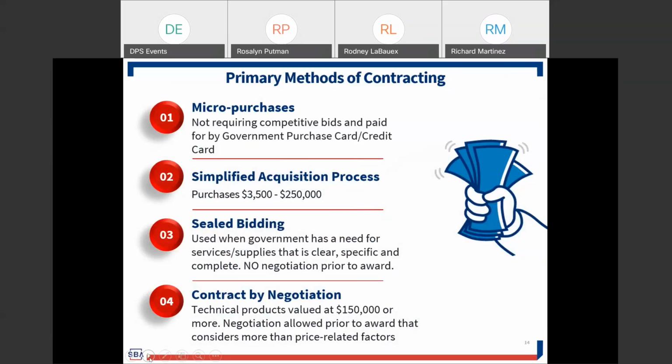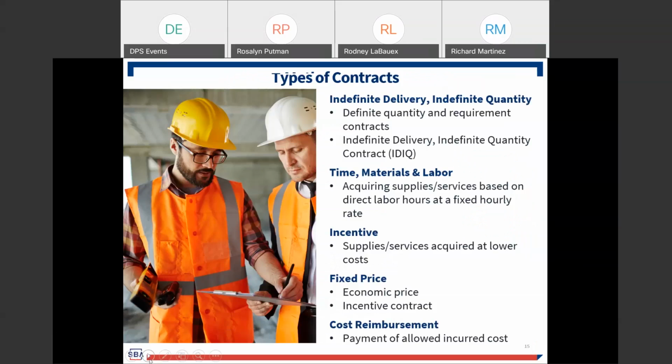And the government operates under various contracting methods. There's sealed bidding, and then there's contract by negotiation. Sealed bidding is where you put your bid in an envelope and hand it in. Contract by negotiation is when you actually negotiate directly with the contracting officer. And there are various types of contracts. There's the IDIQ contract, the time and materials contract, and the incentive contract.